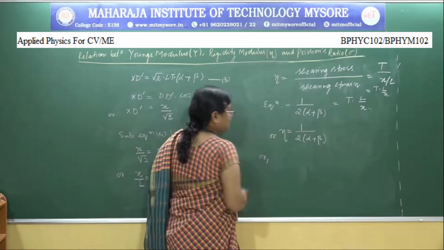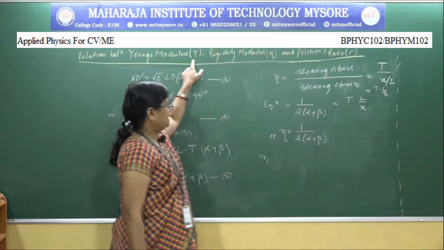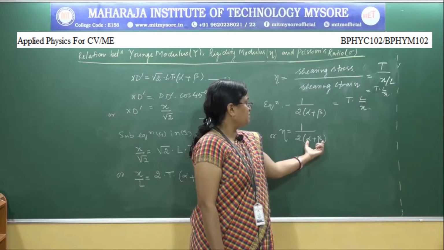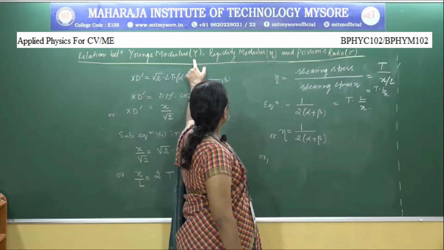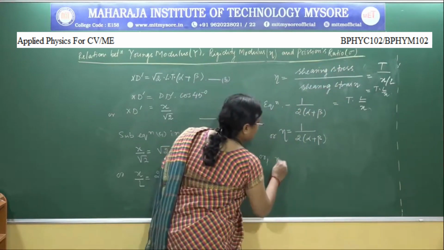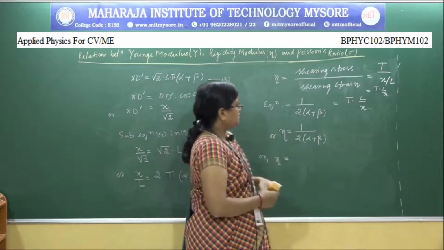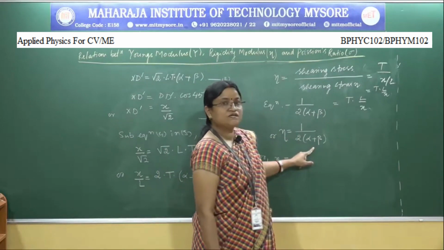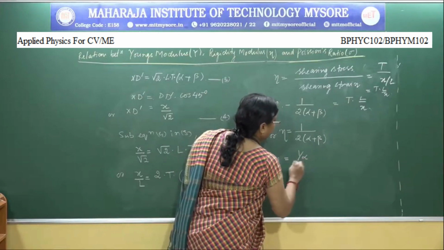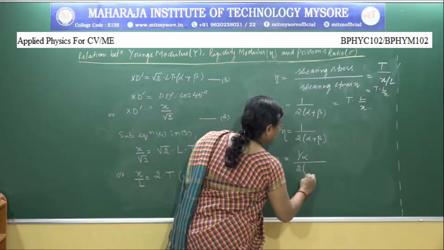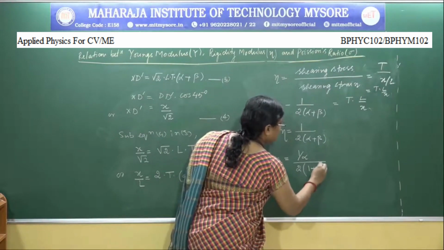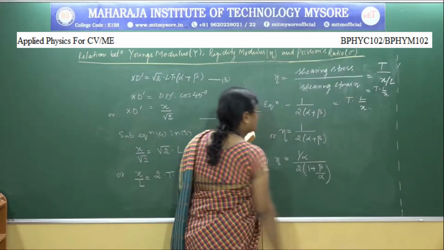Now further we need the relation between Y, eta and sigma. We need to get from this alpha and beta the relation with Young's modulus Y and the Poisson's ratio sigma. For that we divide the numerator and denominator of the equation by alpha. So 1 by alpha, eta equals 1 by 2 alpha divided by alpha, that is 1 plus beta divided by alpha.